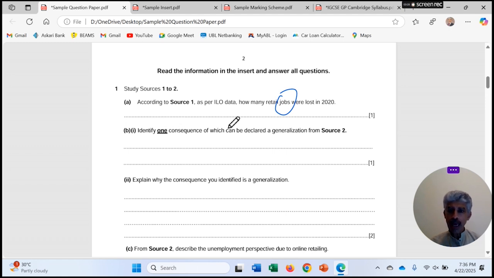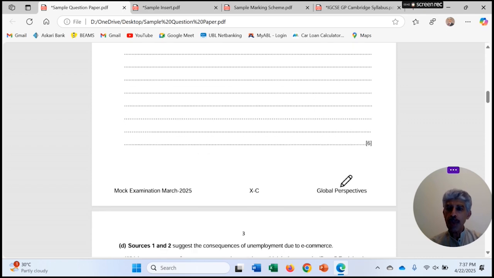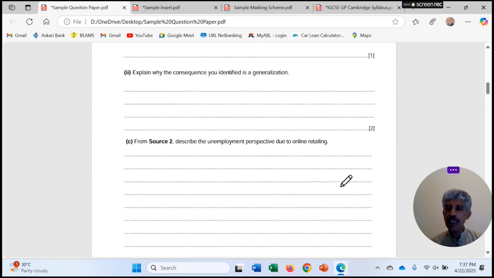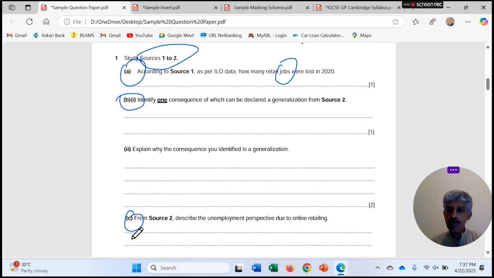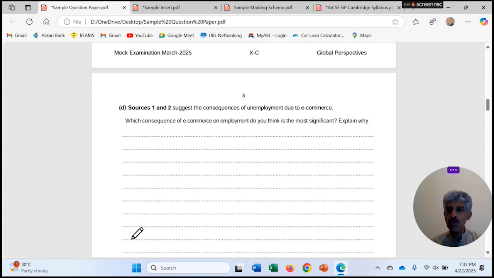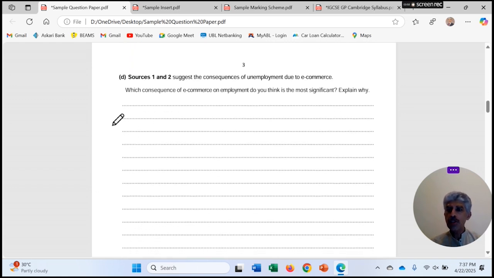Now again, question number 1. First of all, as I tell you, this question number 1 is related to sources 1 and 2, or it can be from 1 to 3. This question has 4 parts, A, B, C and D. Here you can see A, here you have B, and over here the C part, and on the next page you will find the D part.